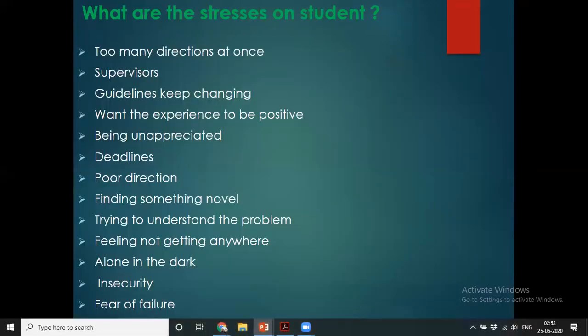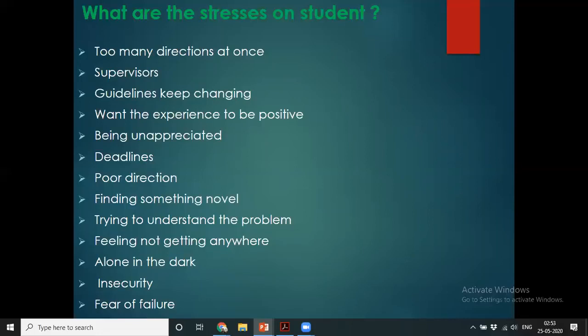Now, what are the things by which students get stressed? Here I have pointed out some points, like too many directions at once. Some of your students choose a topic of a broad area.